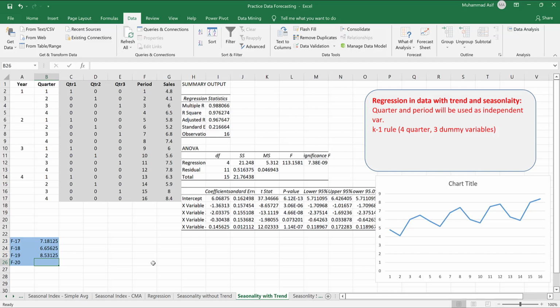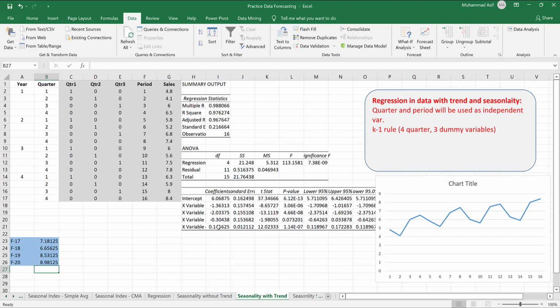And the last one is intercept plus, no, Q1, Q2 and Q3 all become 0, irrelevant, and the only relevant thing is period, that's about trend, so plus this one multiplied by 20, that's the 20th period, and that's 8.98.